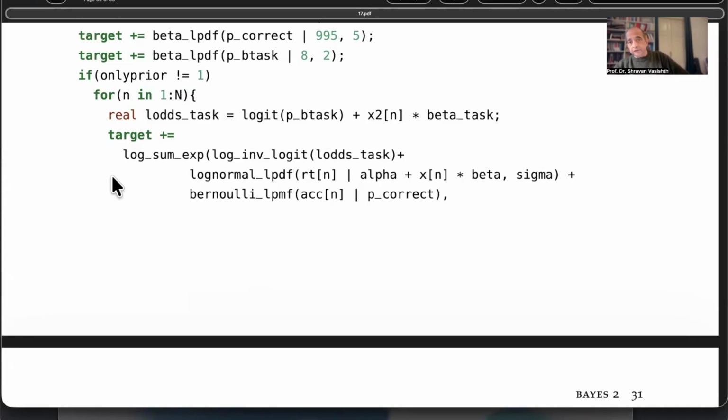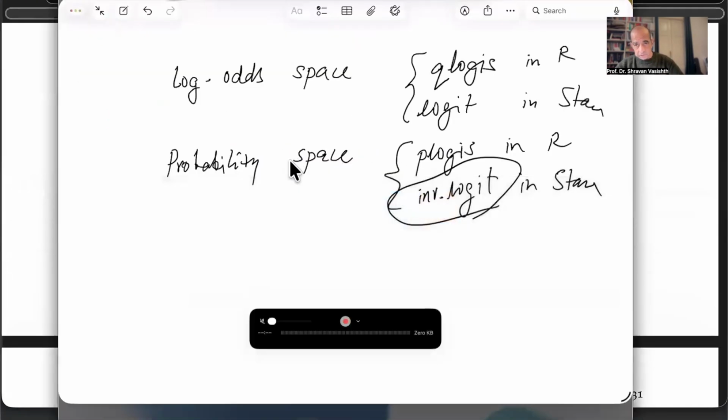So then we get to the famous log sum x function. The first term here is taking the log inverse logit. That's what I was just talking about a few seconds ago. This inverse logit function on the log space, right?